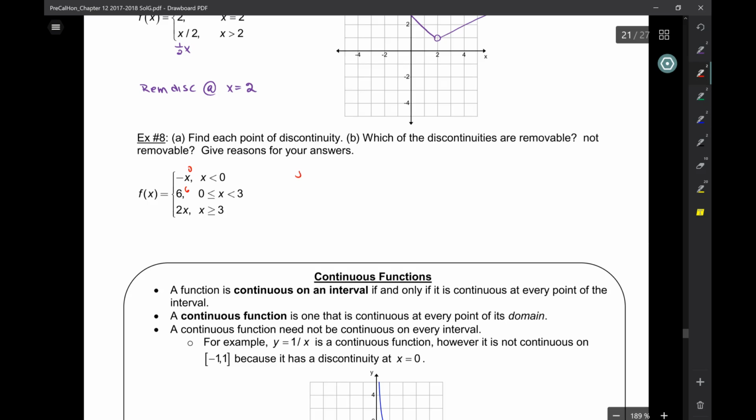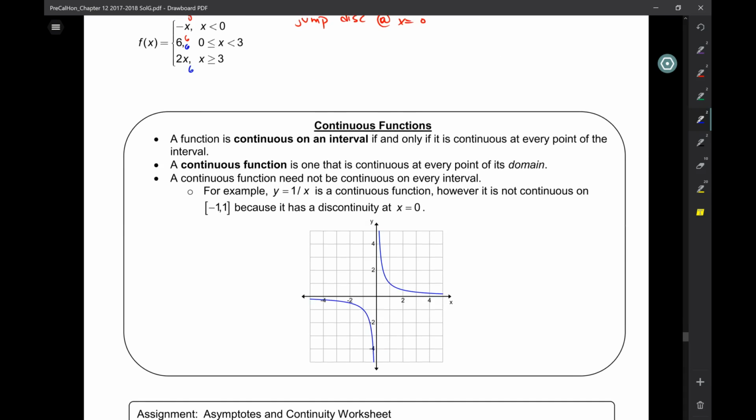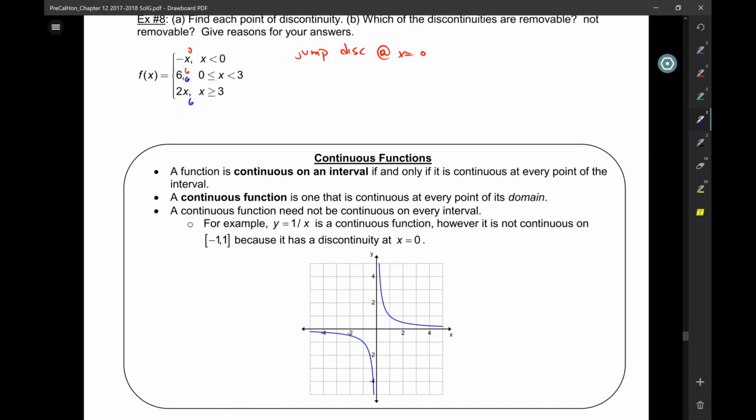No. That's a jump discontinuity at x equals 0. Now, when x equals 3, the top is 6, the bottom is 6. You have the same value. Fine. But now you have to make sure that it's a closed circle, which it is, so there is no discontinuity there. It's continuous.